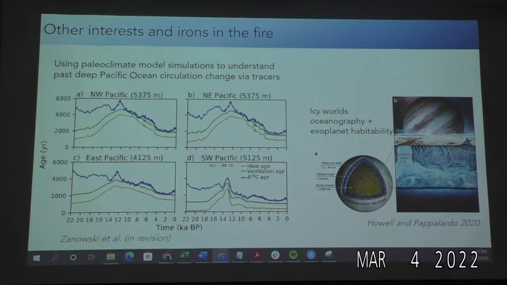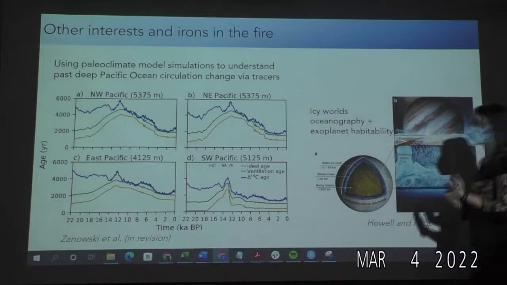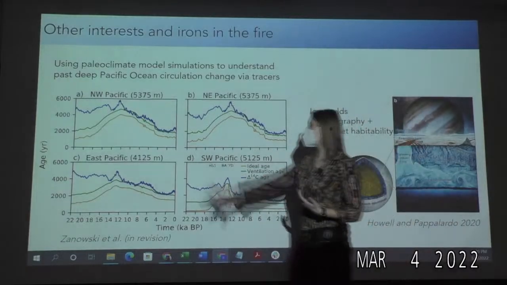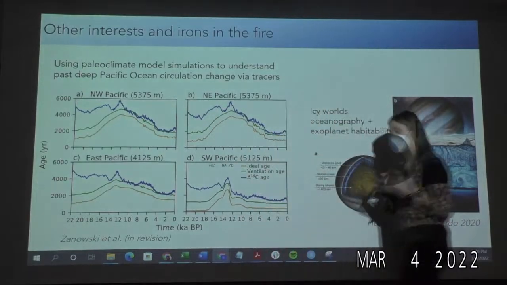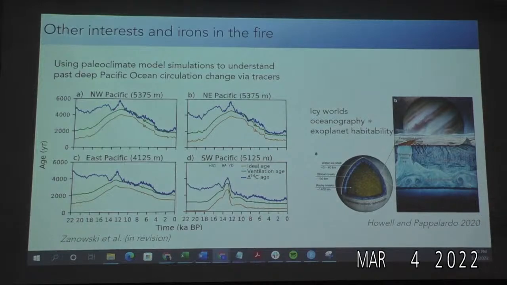We can use various tracers like carbon-14, which is an age tracer, to tell us about that circulation and compare it to other tracers within these regions. They can say something about how the ocean has evolved over these very long time scales as well. And then compare them to sediment proxy records to see if we're actually understanding how things have changed.